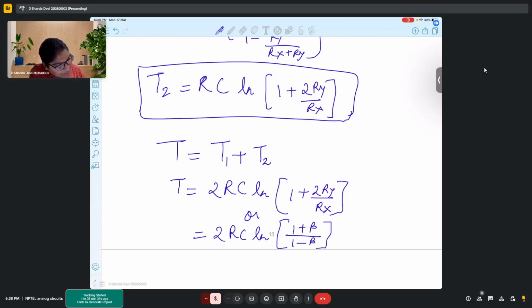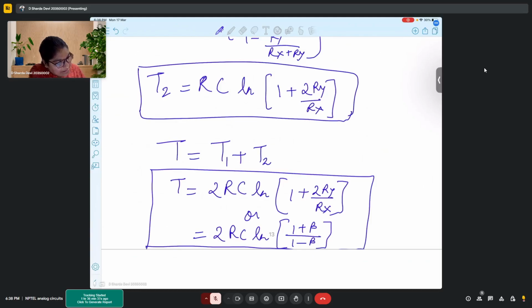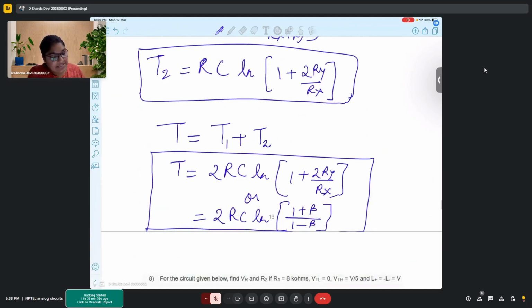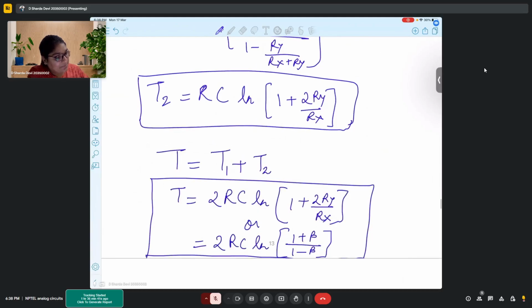So this is the time period that we get for this relaxation oscillator that we just designed. Now, if this is my time period, then my frequency of oscillation would be 1 by the time period, which is 1 upon 2 Rc ln 1 plus beta by 1 minus beta.